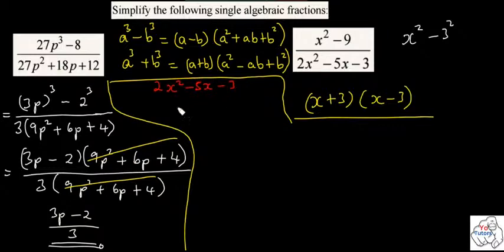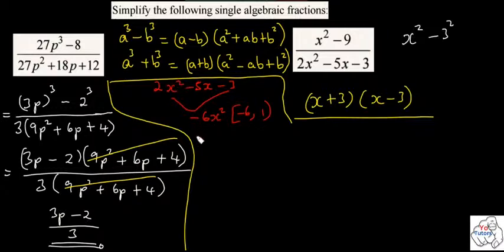You take the first one and the last one. What do we get? We get negative 6x squared. Then you look for two factors that multiply to give negative 6x squared but add to give negative 5. Those factors are negative 6 and 1. Negative 6 plus 1 gives negative 5, and negative 6 times 1 gives negative 6. This is what we want.